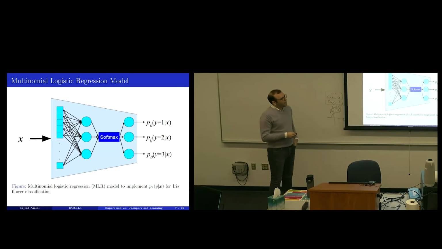Because anything you have in this part, the output is a legitimate parameter for a categorical distribution. A categorical distribution parameter should sum to 1, and at the same time, each of these elements should be greater than 0. So the softmax just converts an arbitrary vector here to a vector which is suitable as a parameter for a categorical distribution.